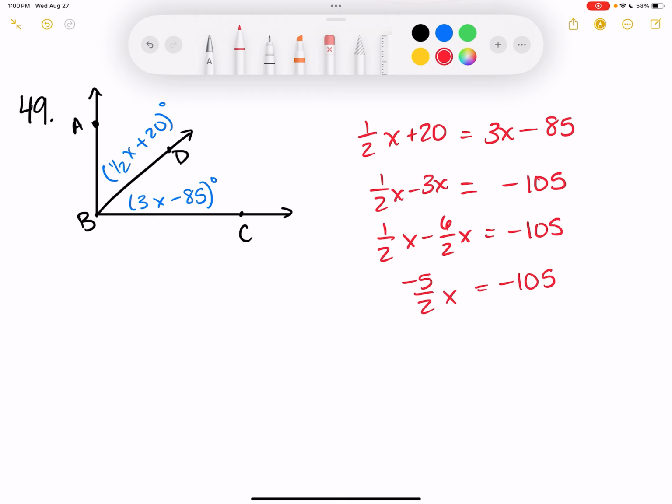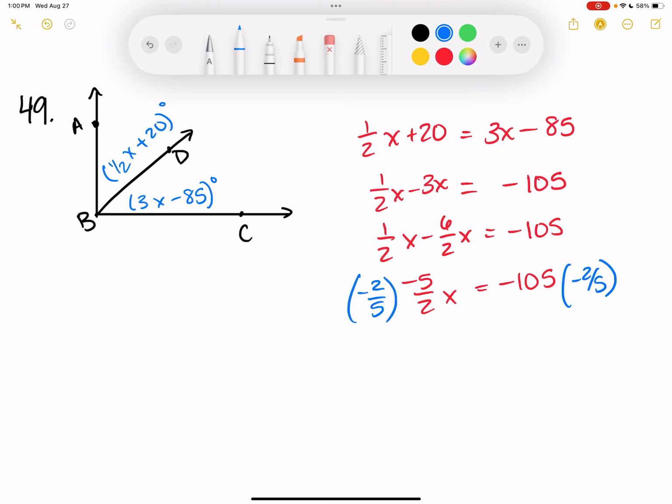Multiply 105 times 2, putting it over 2. You put 105 over 1 and multiply. Oh, you could also simplify it. Well, I don't need to put 105 over 1. It's just understood that that's the case. But I'm going to multiply by negative 2/5 on both sides.